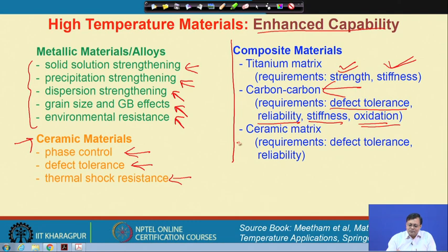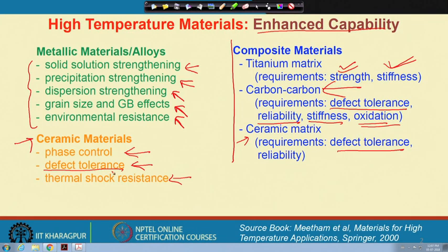In case of ceramic matrix, again the same question comes: the defect tolerance. This is a very common aspect for any kind of ceramic material. Why? Because a ceramic has a lower fracture toughness, as I discussed in the very initial days, like K1C.